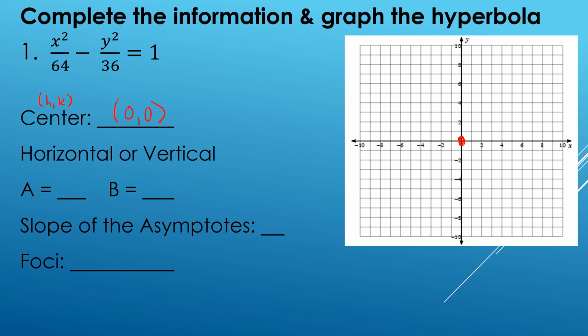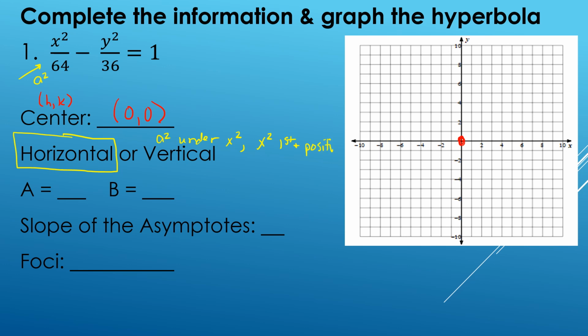We are going to determine whether it is vertical or horizontal based upon our a squared term. So our a squared is always first, which is under the x squared. So this example is going to be horizontal. So a squared is under the x squared, and x squared is first and positive.